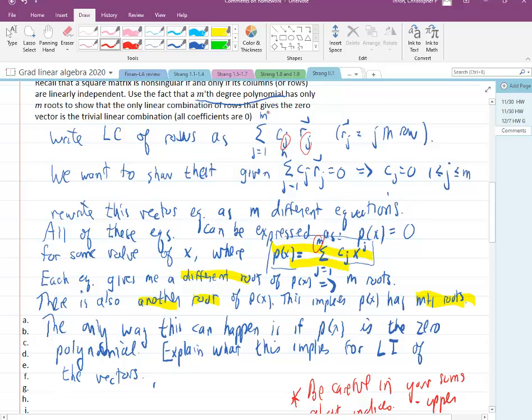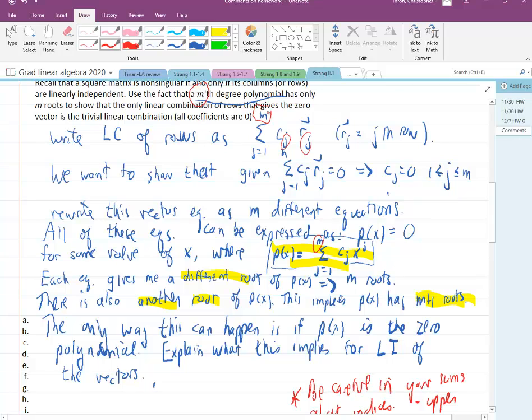There's a difference between a limit index and a running index. This j is a running index. It does not have a fixed value. It takes values from 1 to m. Some of these indices are running indices, some are fixed. The ones that are fixed are the ones that are given in the problem. For instance, here, I know I have an mth degree polynomial.